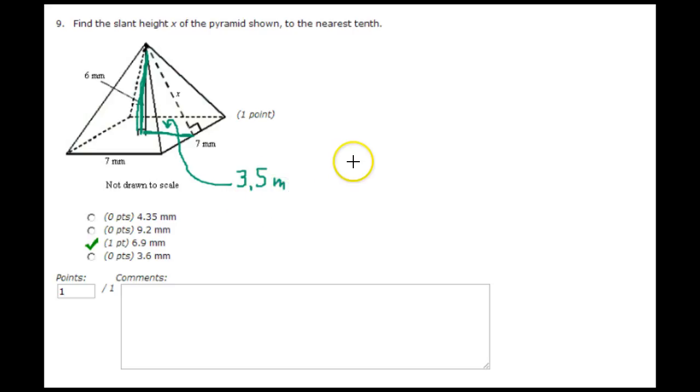Okay, so that's a right triangle. The hypotenuse of that right triangle is going to be what we're trying to find, which is that slant height.